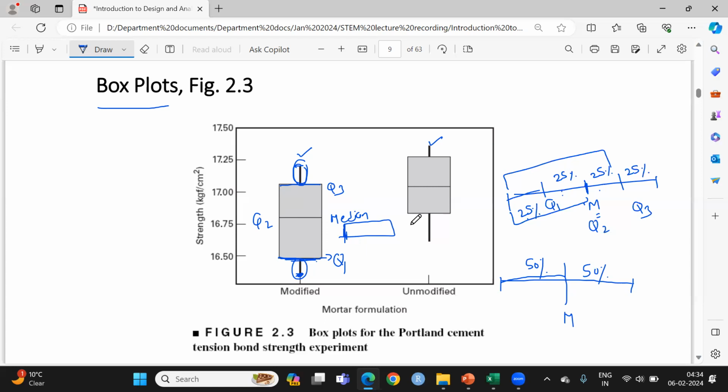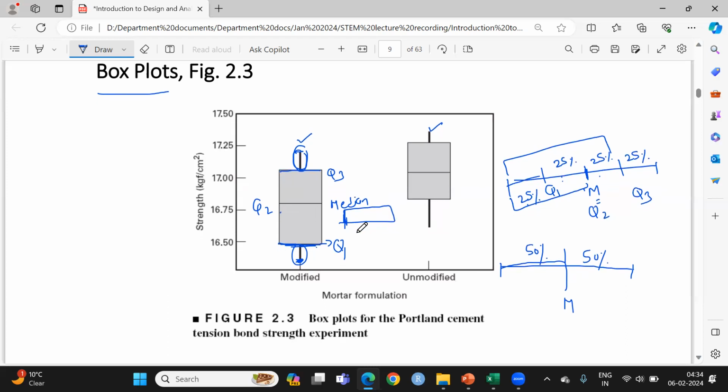Now, how can we make a comparison between two box plots? You can see that here the box is much wider as compared to this box, so it shows that we have higher variability in this variable's values. Although the whisker lines are very long here, we are more concerned about the length of the box.